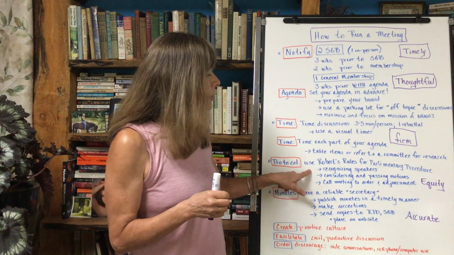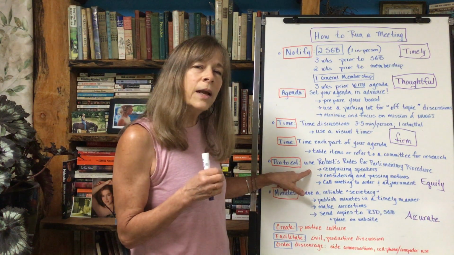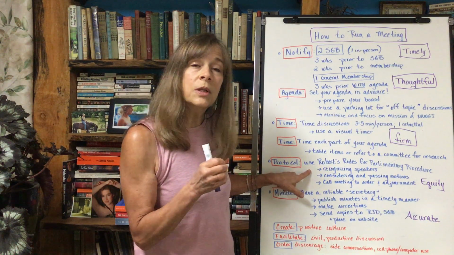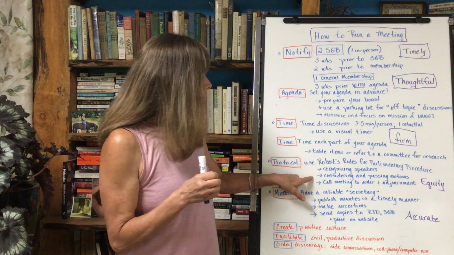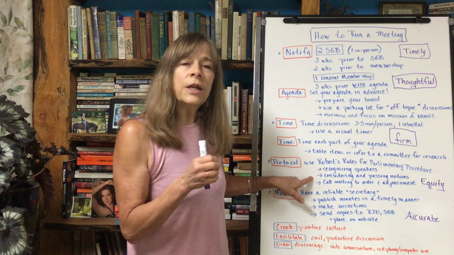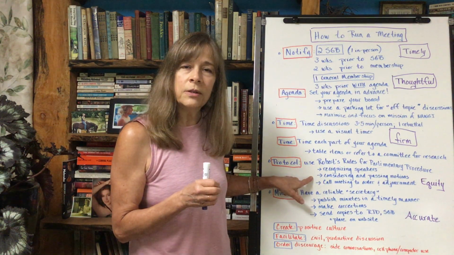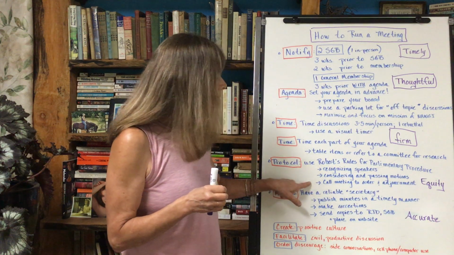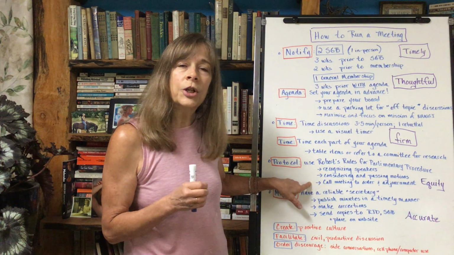So you want to make sure you recognize speakers so that one person is speaking at a time. You want to make sure that you understand how to consider and pass motions during your meeting, and calling the meeting to order and adjourning the meeting.